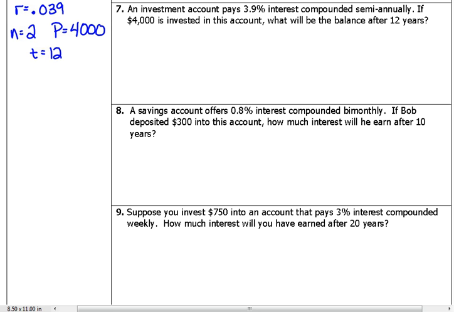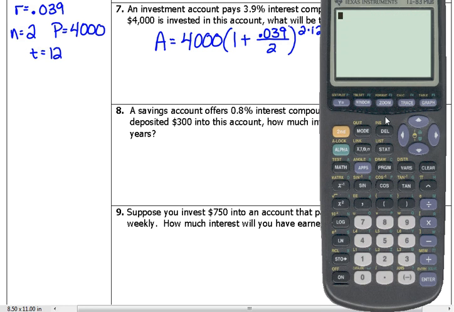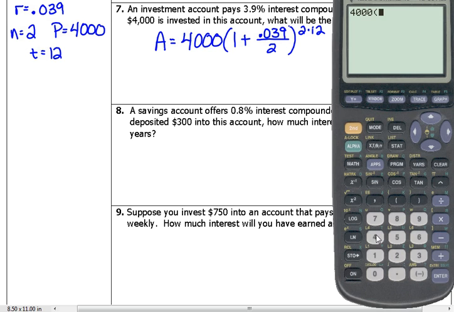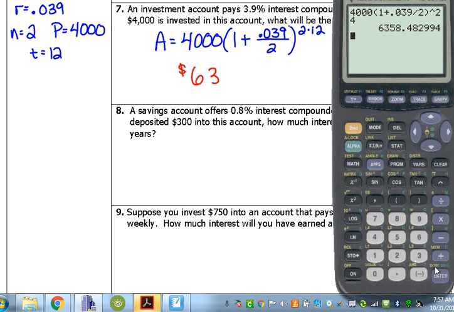That's our T. So our amount equals the principal, 4,000 times 1 plus the rate, 0.039 over 12, not over 12, over 2, raised to the 2 times 12. $4,000 times 1 plus 0.039 over 2 raised to the, I'm going to go ahead and multiply out those two numbers so I don't have to type in a bunch of parentheses. $6,358.48.